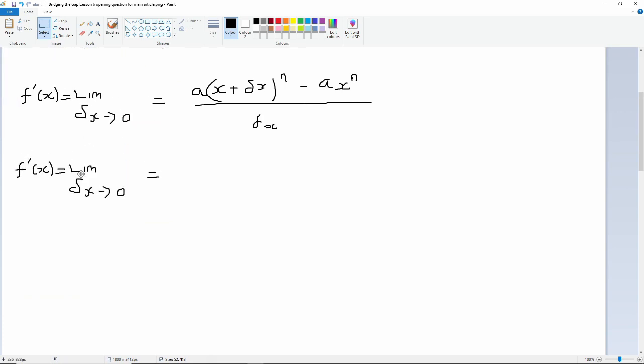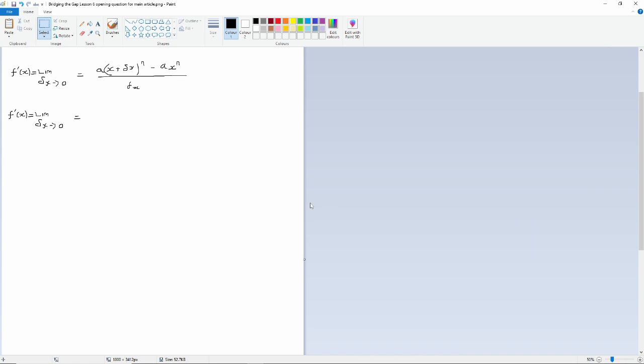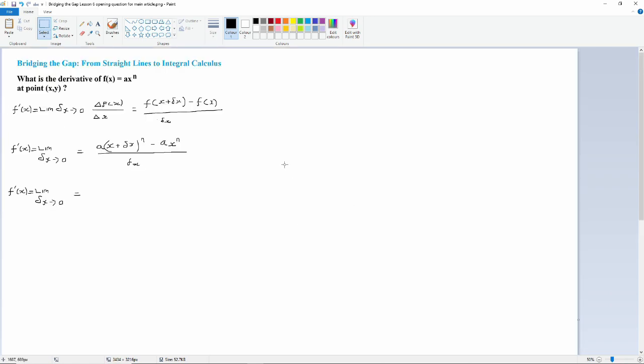Okay. Right, I'm going to want some more space. And I'm going to put a line down here so we've got some space, so we know that this is something different. Okay, so we'll recall that anything raised to the power 0 is 1. So let's just write a plus b raised to the power 0 is equal to 1.